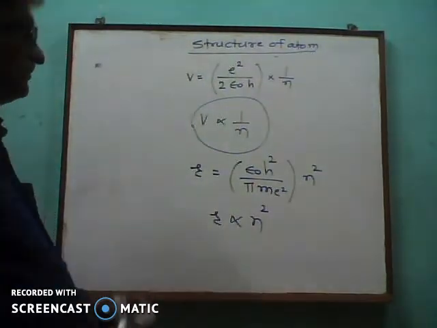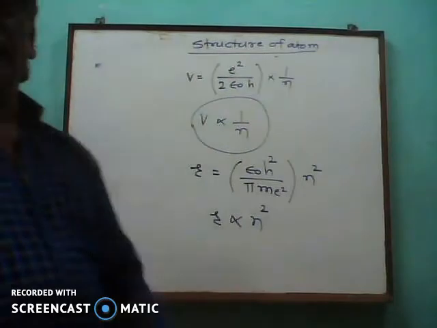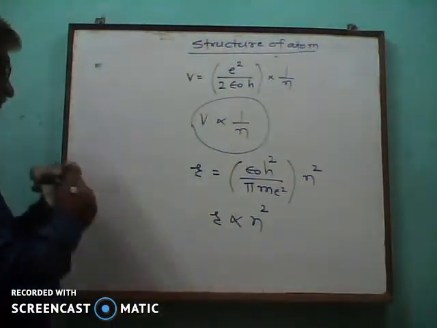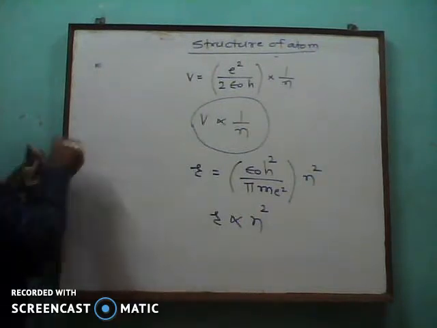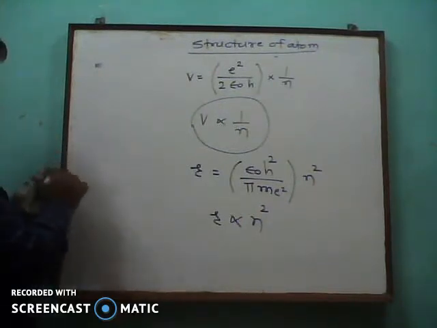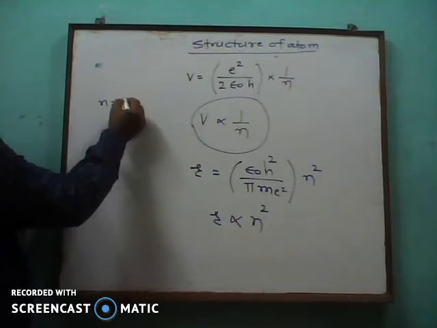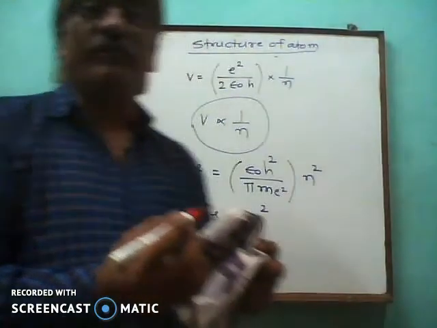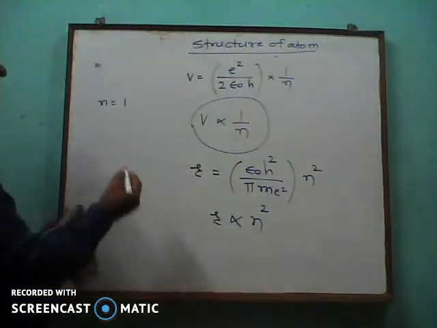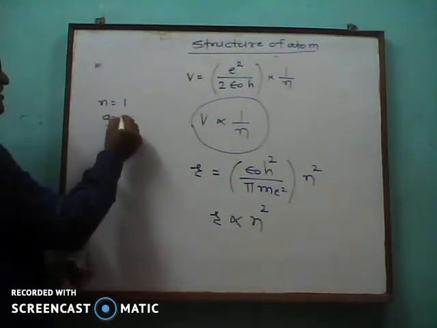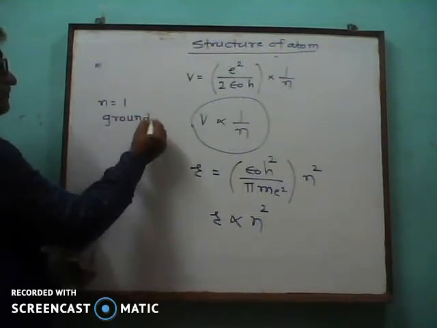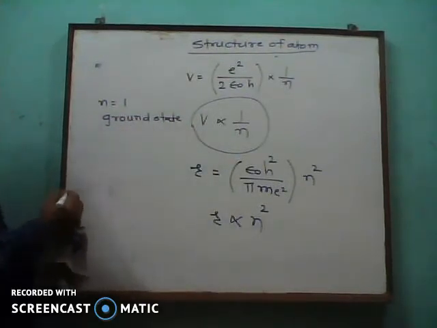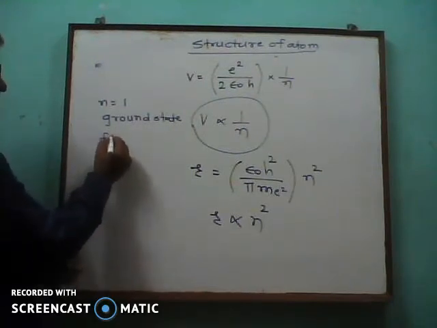Suppose a problem will be asked: if principal quantum number n is equal to 1, if we take the value of n as 1, it is also called ground state, or it is also called first orbit.